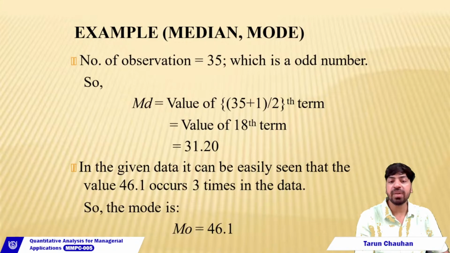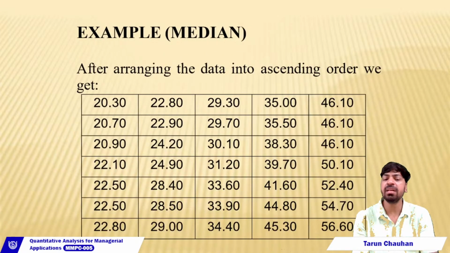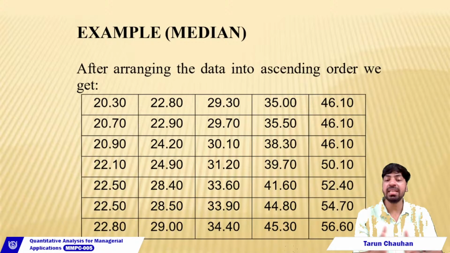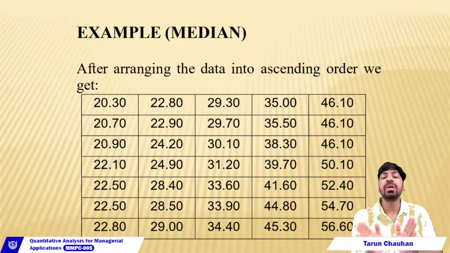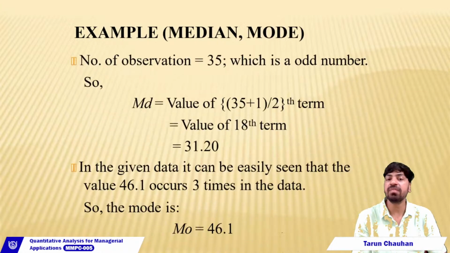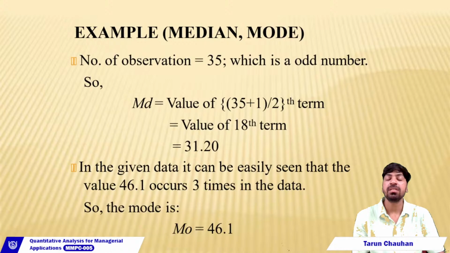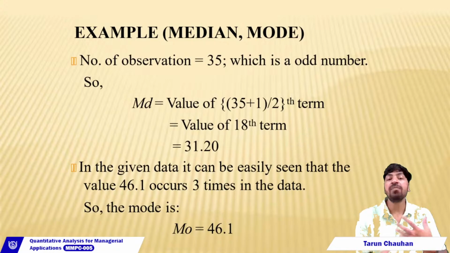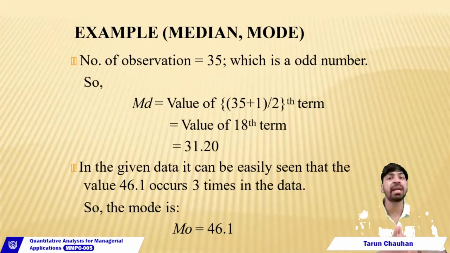Now the number of observations. If you count, it isn't stated whether there are 35 patients or 40 patients. If the question doesn't give it, from the raw data you can easily count the total number of observations. So this is 35. So the number of observations is 35, which is an odd number. For an odd number, you have to use the median formula, that is n plus 1 by 2.